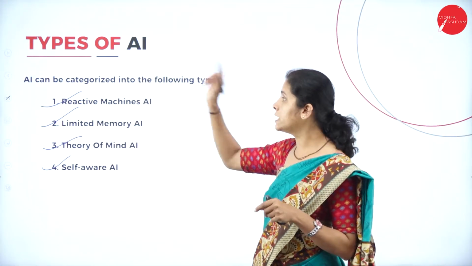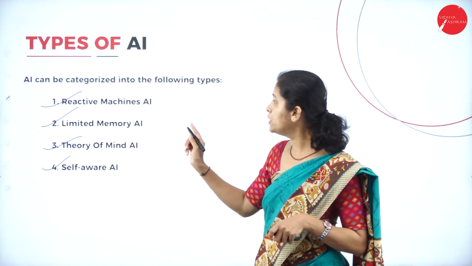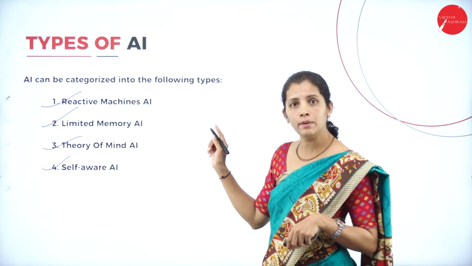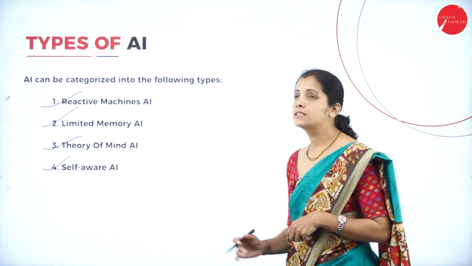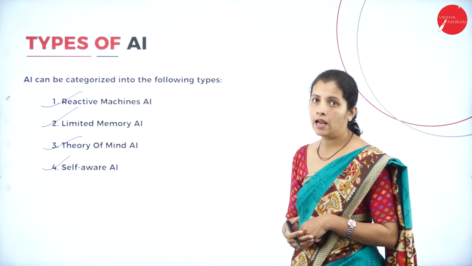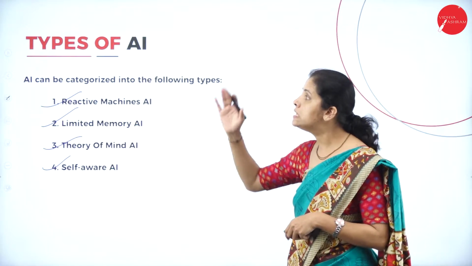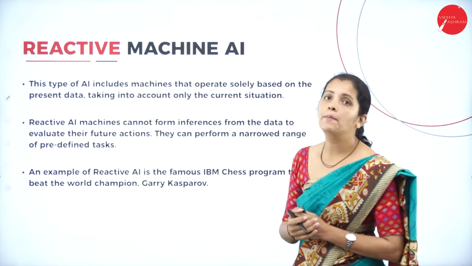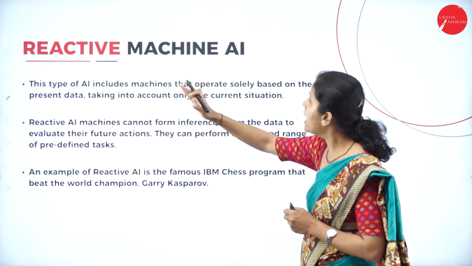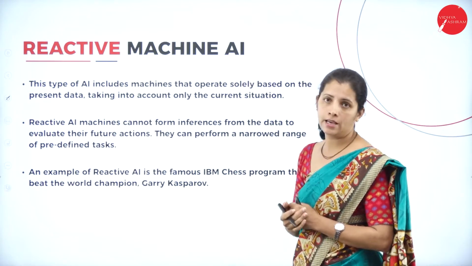If it is types, then reactive machine AI, limited memory AI, theory of mind AI, as well as self-aware AI. Let's see these types one by one. At the beginning, I'm going to take the reactive machine AI.